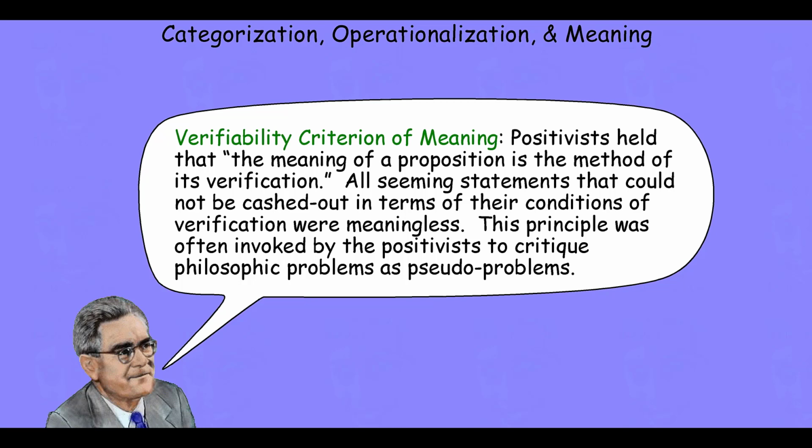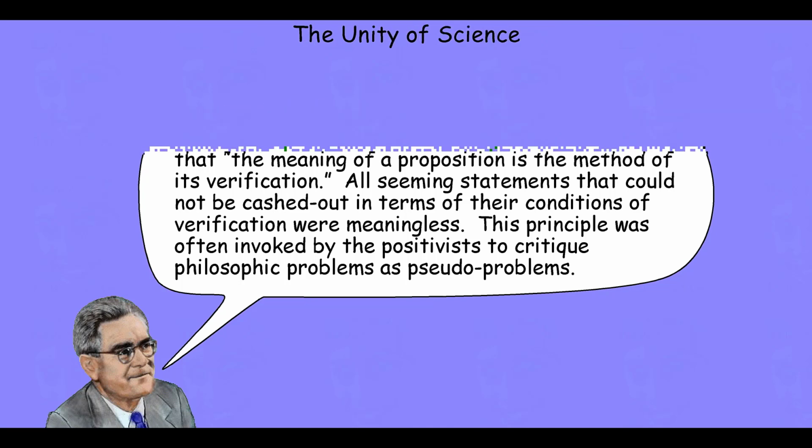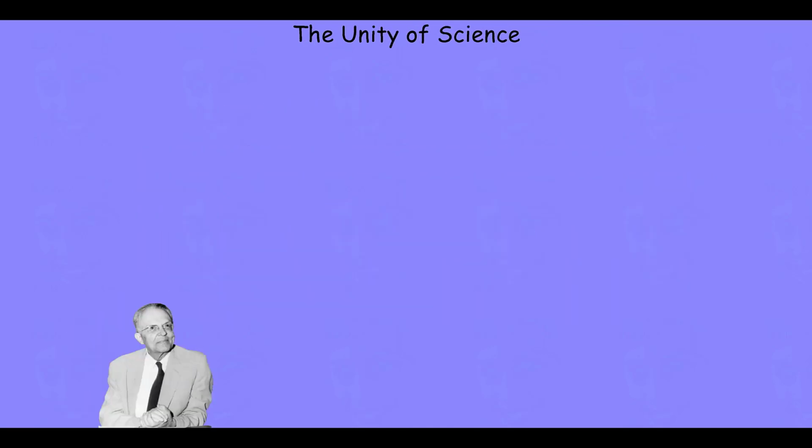So, theoretical terms, as well as the variables and observable terms in any given scientific law, are going to get their meaning by the operations, the conditions that we use to verify their existence, their qualitative or their quantitative value.